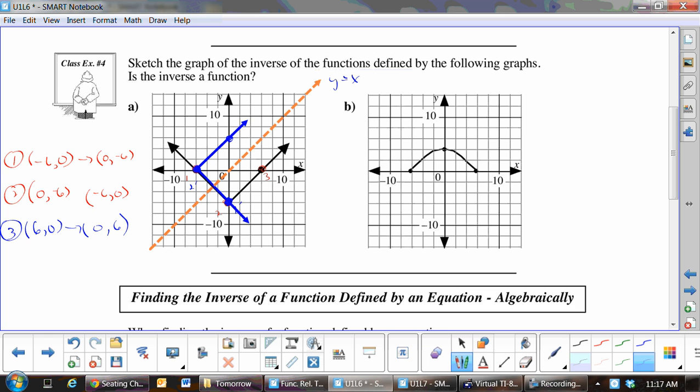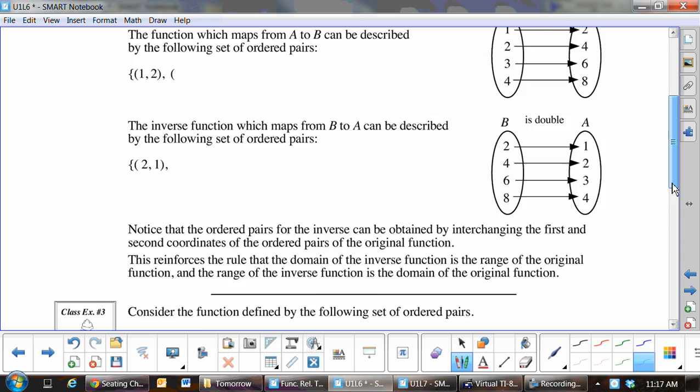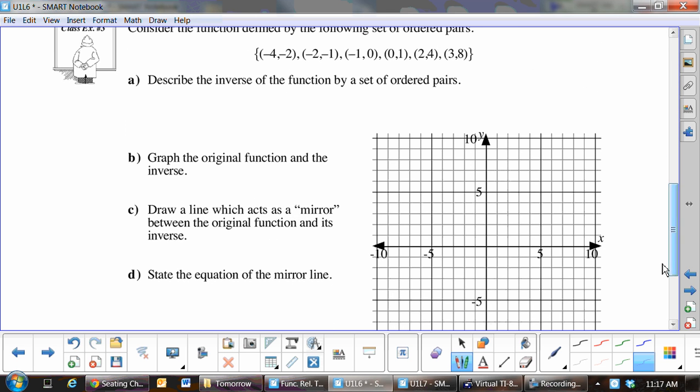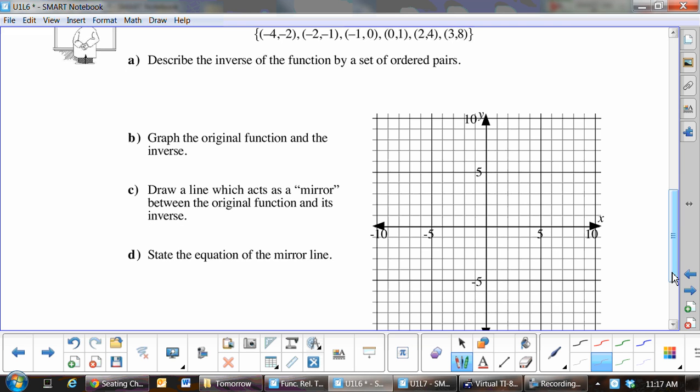But now I'm going to back up to example 3 on the page before, and we're going to talk about, here's all my points. So I've got negative 4, negative 2. Okay, so let's graph negative 4, negative 2. So negative 4, negative 2 is there.